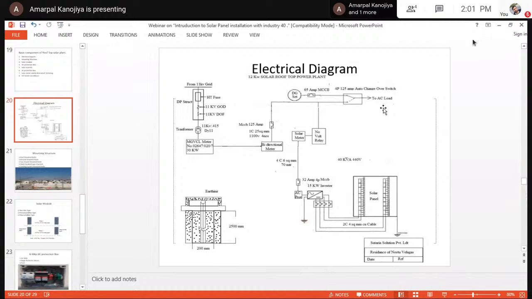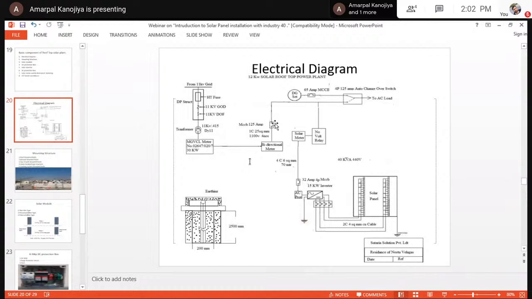Now, after the generation from the solar power plant, the whole generation is utilized by the household. The excessive supply generated by this solar power plant, which is not used by the household at that particular instant, is going to your grid connected supply and to the electrical board.